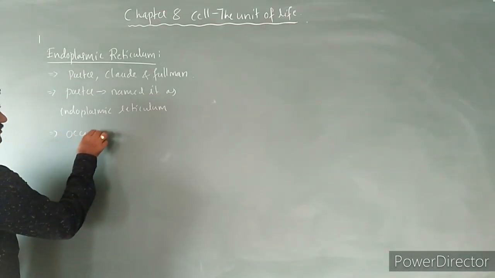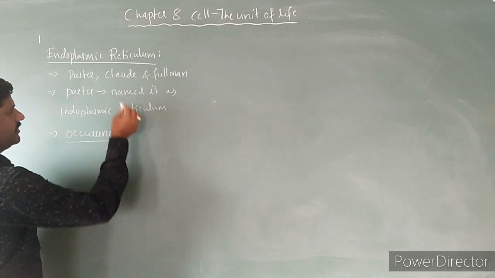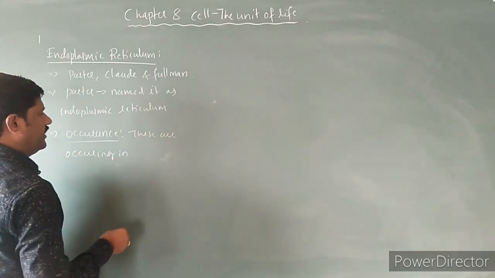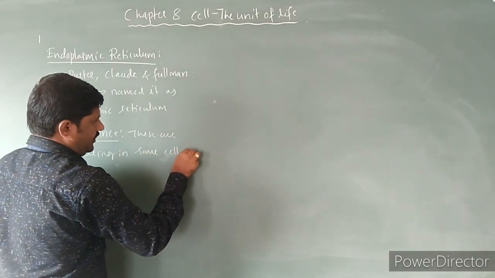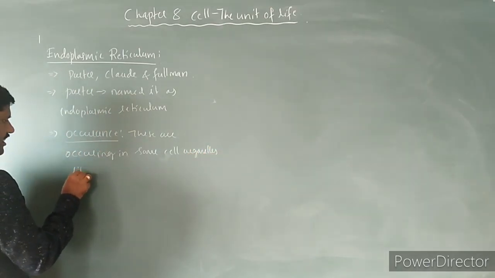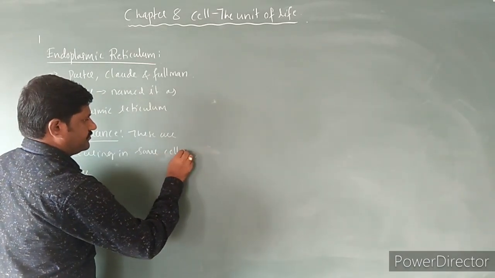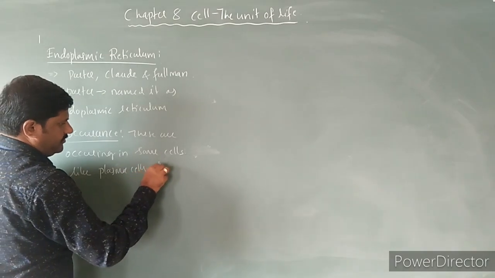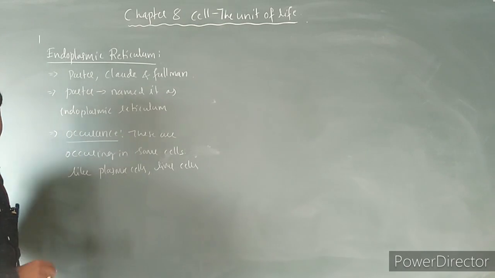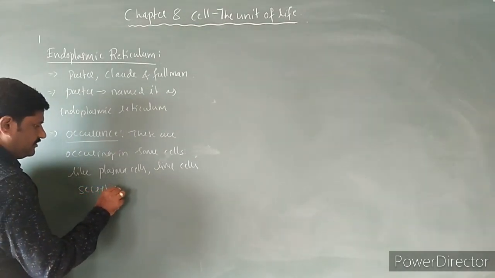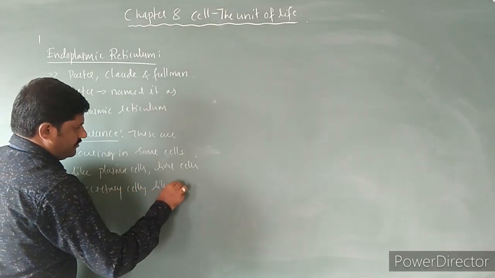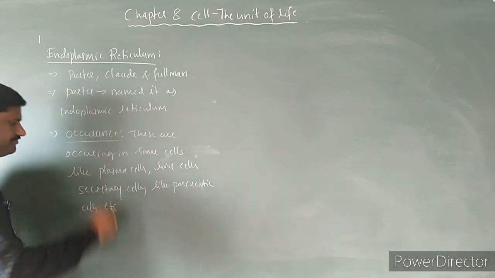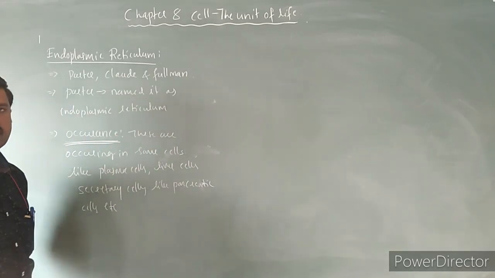So let us see the occurrence of this cell organelle, that is, these are occurring in some cells like plasma cells, liver cells, and secretory cells like pancreatic cells, etc. Okay, so these are some of the cells which are occurring in such kind of cells.